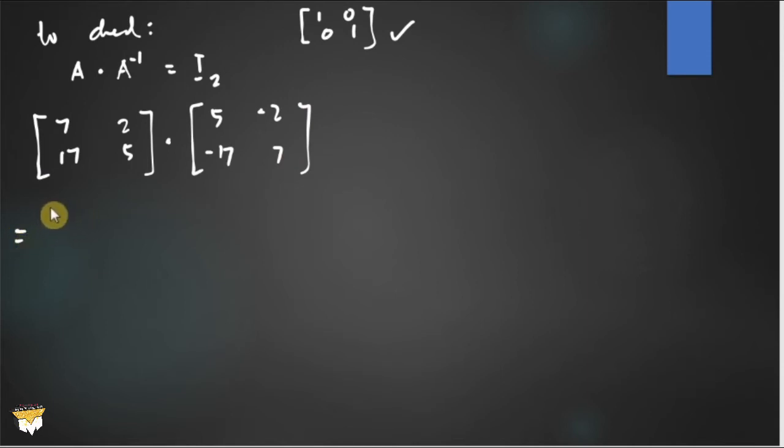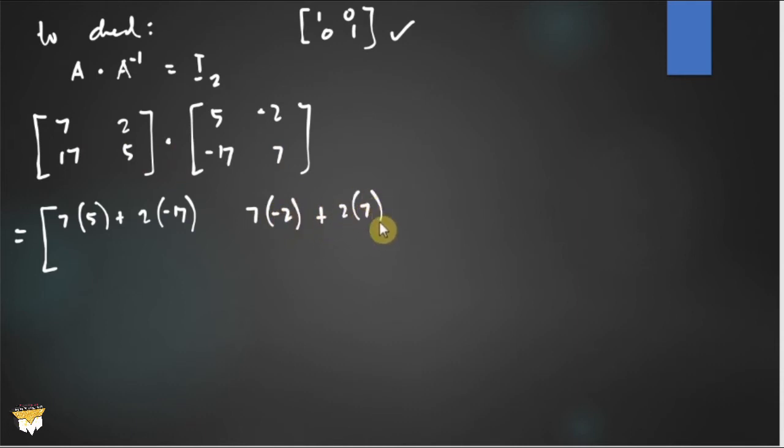Okay, so multiplying this, we have this row to the first column. So we have 7 times 5, then plus 2 times negative 17. Okay? Then, next naman ulit, we have 7 times, next column tayo, but same row, we have times negative 2 plus 2 times 7.